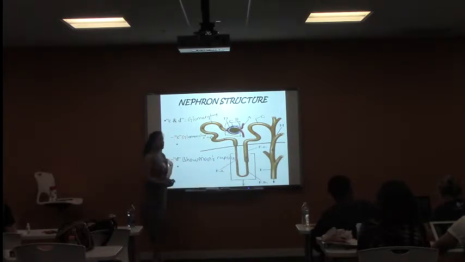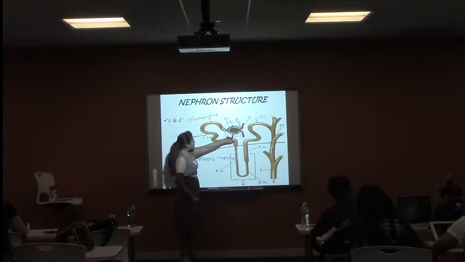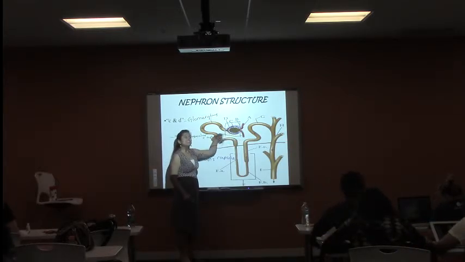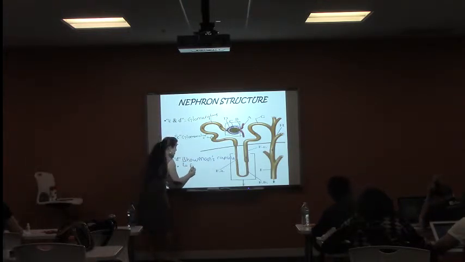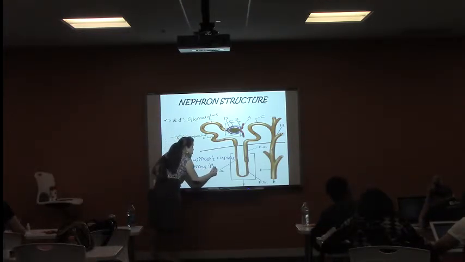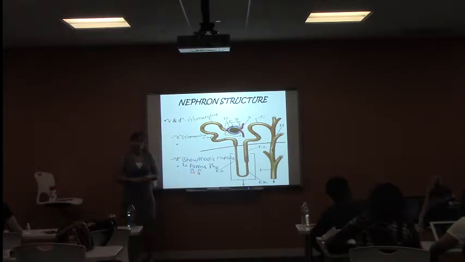Okay? It's called the Bowman capsule. But do you see between this capsule you have the space? Right? That's the Bowman space. So the Bowman's capsule forms the Bowman's space. Okay? Why?